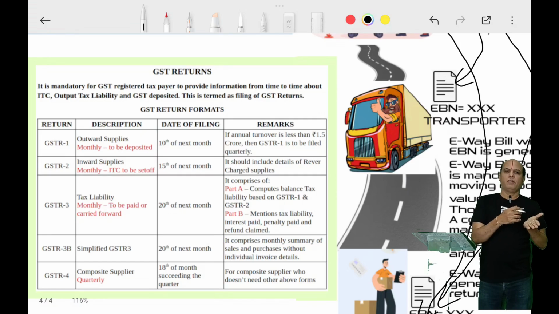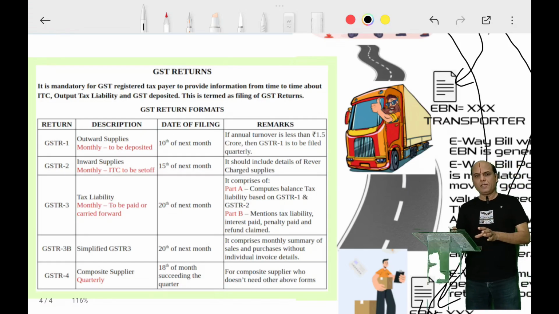Assume your parent asked you to go shopping and gave you a certain amount of money. When you come back, you give the account to your parents: this costed this much, this costed this much. Either you get money back from your parent, or you need to pay back the balance to the parent. A similar thing also happens with GST taxpayers.